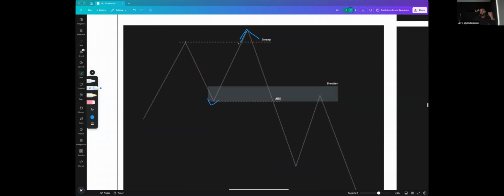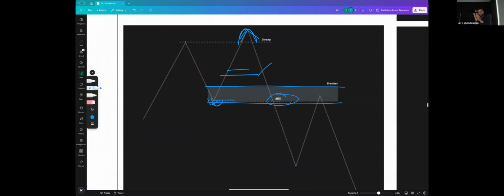When we sweep, when we have that smart money reversal, there will always be what? A breaker block. There will always be a fair value gap right here that failed. There will be a protected low that's considered a market structure shift. There will probably be that same green candle that will create a change in state of delivery.